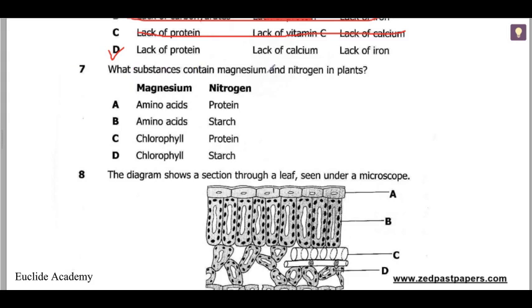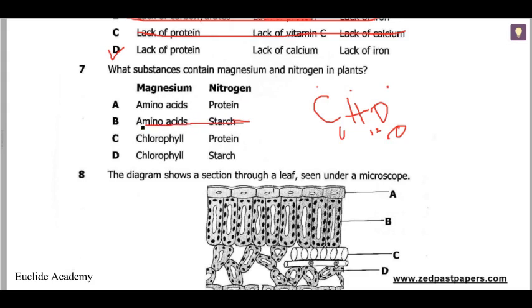What substances contain magnesium and nitrogen in plants? When you talk about nitrogen, first of all, you look at your options. What can you eliminate? I see starch. Starch is C6H12O6, so you have carbon, hydrogen, and oxygen in starch.